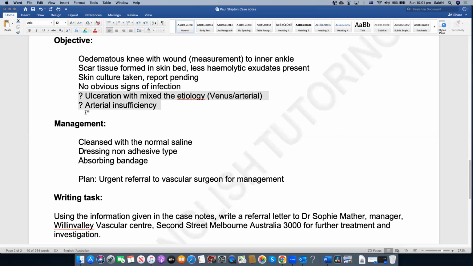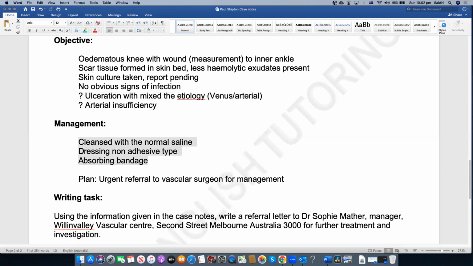Okay, what about the management? So management is what they have done. Okay, now do I need to know what has been done to the patient previously? Remember that I don't know anything about the patient.